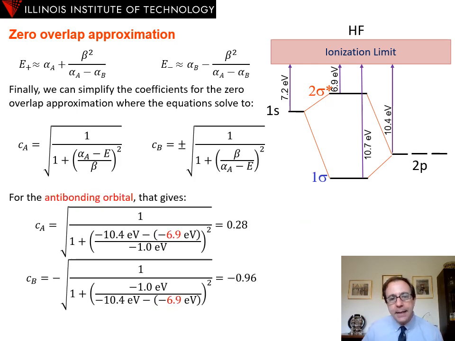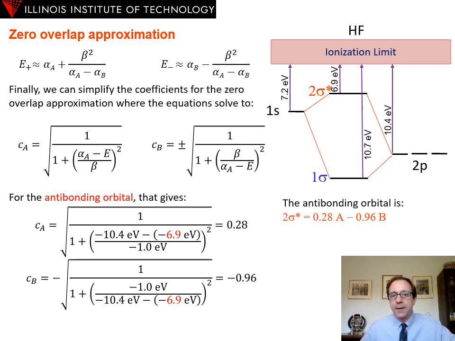Let's look at the anti-bonding orbital. We get something very similar, where now the A coefficient is 0.28, and because we're doing the anti-bonding orbital, we need to use the minus sign on the coefficient for B, and we get minus 0.96.